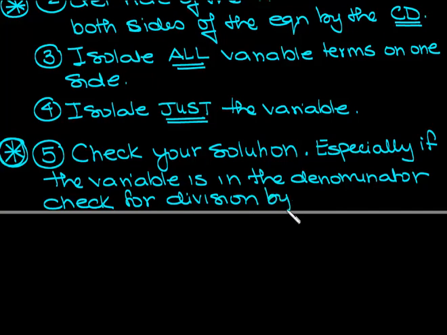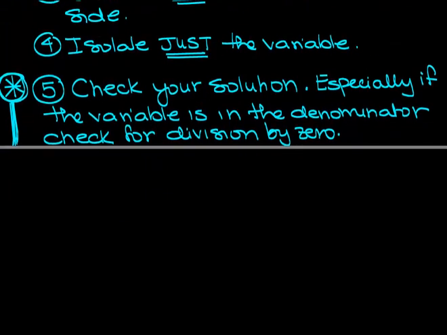One of the rules in math is we can never divide by 0. So if the variable is in the denominator, then maybe for some value of the variable that denominator can be 0, and then you'd end up dividing by 0. We always want to avoid that. I really do want you to check your solutions. I will do that for a few problems here in the video, but just for the sake of time, I won't check them for every problem. I will do it for the first few problems to get the point across. So you do need to take a few minutes and check the solutions.